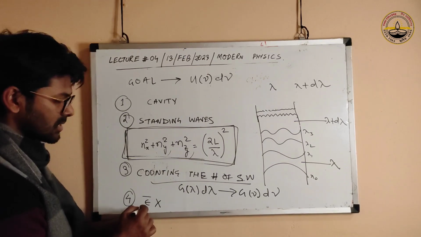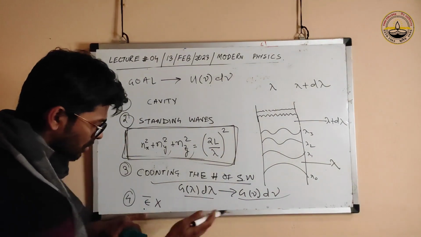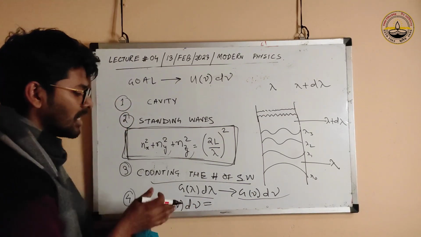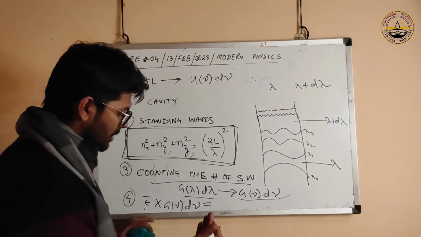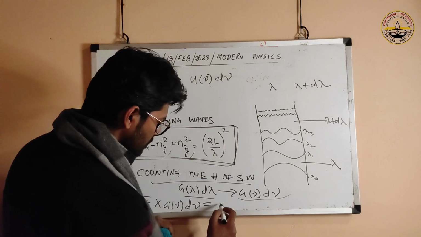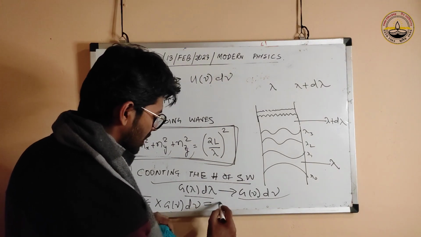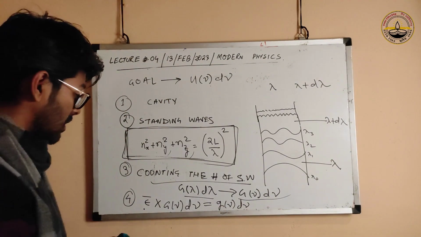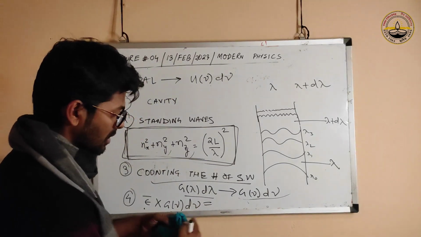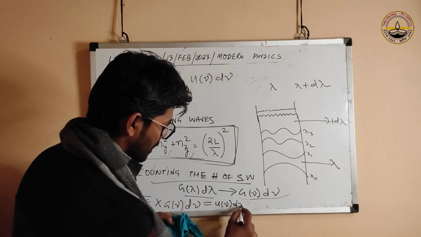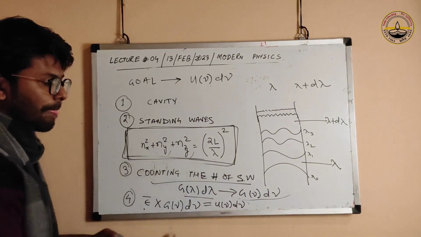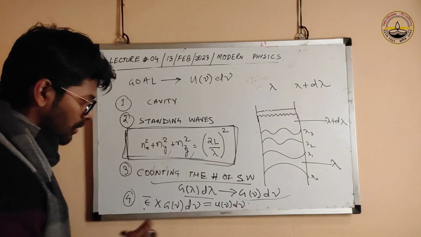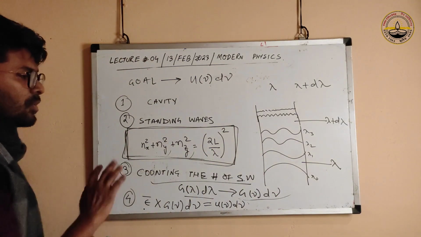Once we multiply this by the total number of standing waves in that range, g nu d nu, what we find is the total energy radiated in that frequency range, and we call that u nu d nu. And somewhere here, we have to divide this by the total volume to get the density per unit volume. We'll do that, and then we'll be done.